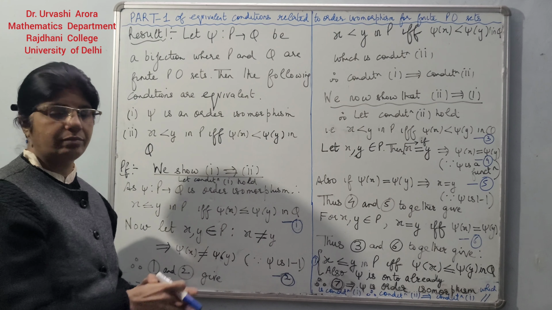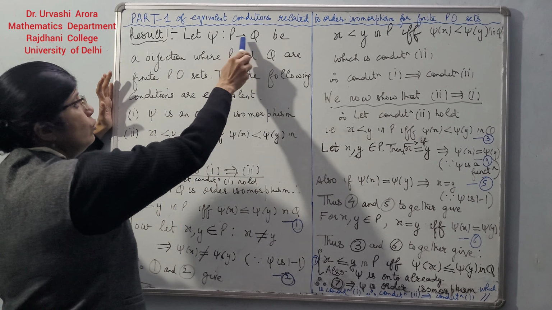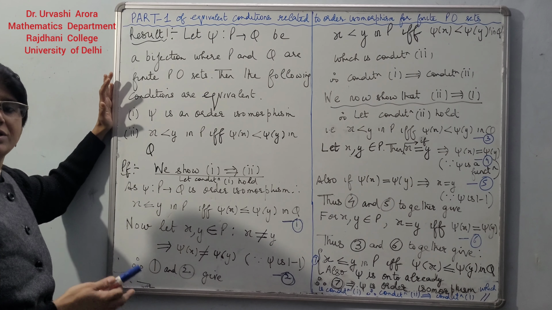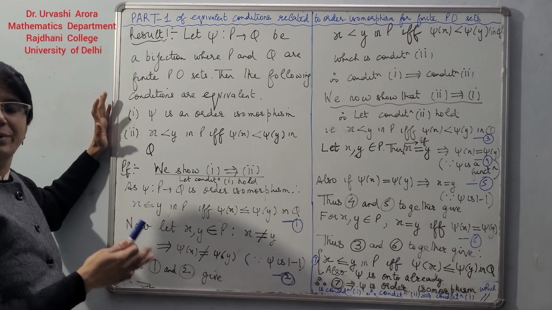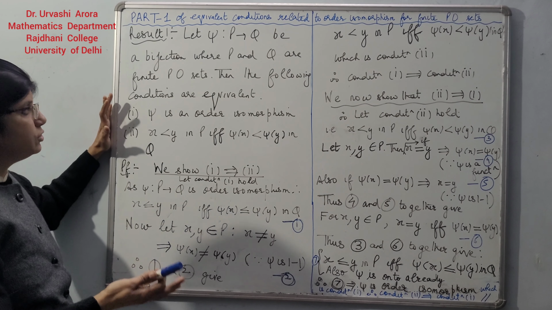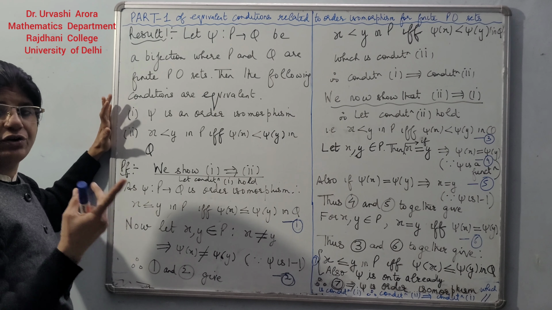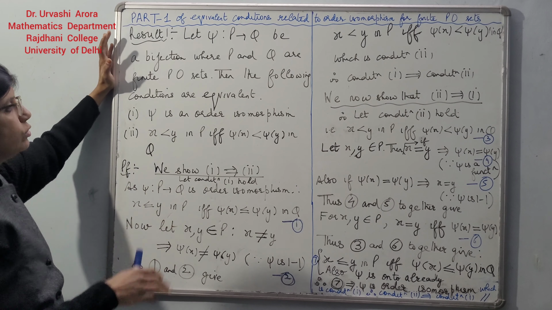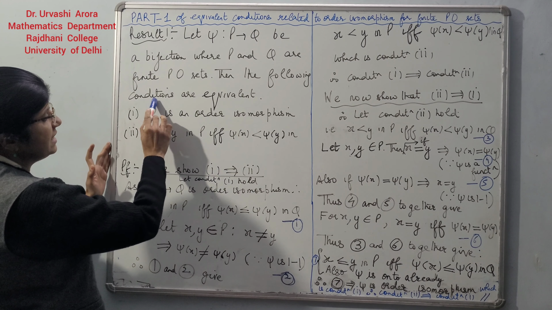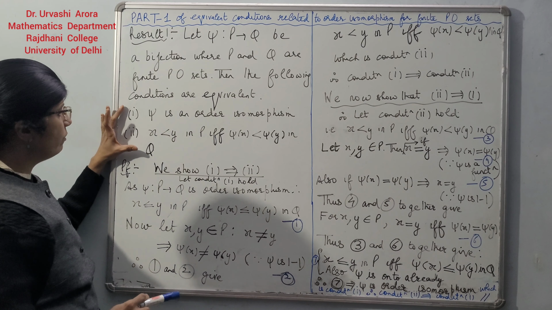Just to recall, P and Q being PO sets simply means that P and Q satisfy the three conditions: reflexivity, antisymmetry and transitivity. So P and Q are PO sets satisfying these three conditions, and they are of course finite also. Then the result says that the following two conditions are equivalent.